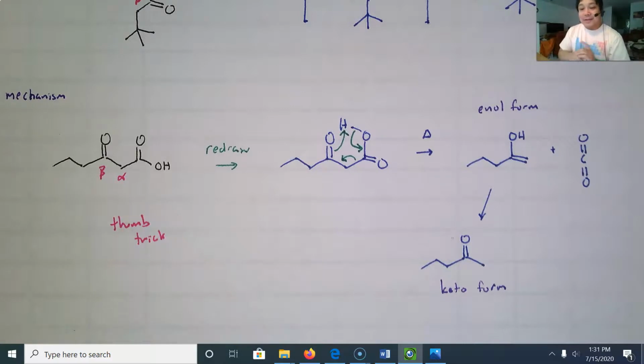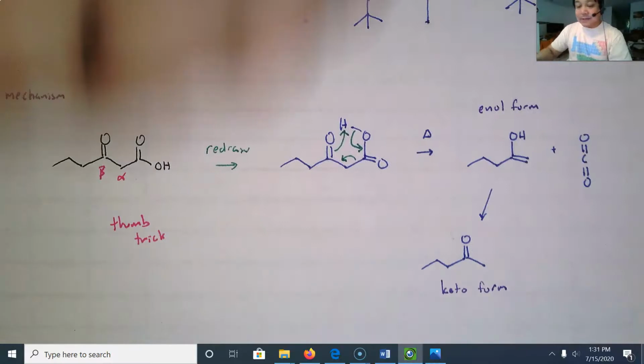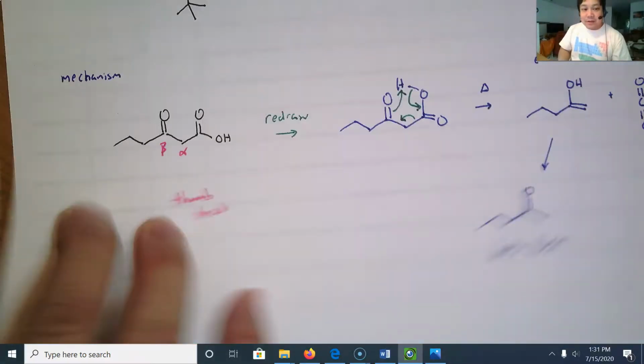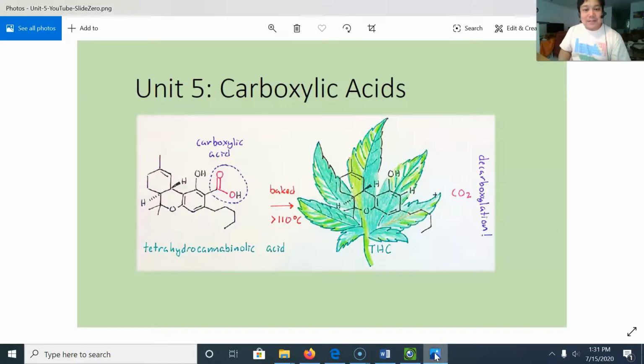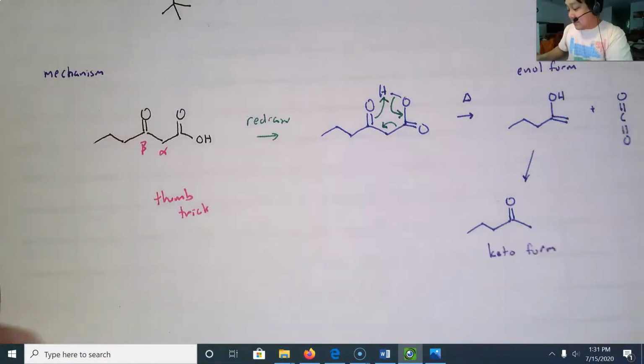Now, even more interesting is the fact that marijuana does not have a beta-keto group. Why does it decarboxylate? You notice here, there's alpha and there's beta. That's not a keto group, that's a hydroxyl group. So why is this decarboxylating? Let me show you the trick that molecule does.